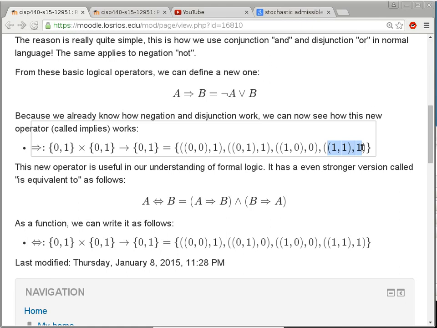Why would true implies false be the only one that is false? Because you get your refund. Remember the example where you pay me some money and then I tell you a wisdom of truth, in the form of an implication, and you can get your money back if you can prove what I said is not true.